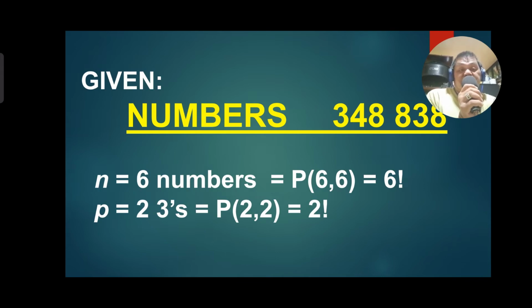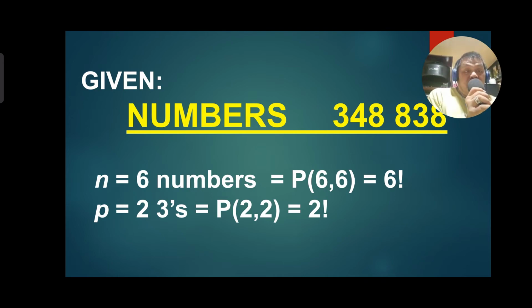So there are 6 numbers or digits, and that would be our n. And that will be equal to permutation of 6 digits taken 6 at a time is equal to 6 factorial. And how many threes? There are 2 threes, and that would be our p, permutation of 2 threes taken 2 at a time is equal to 2 factorial.